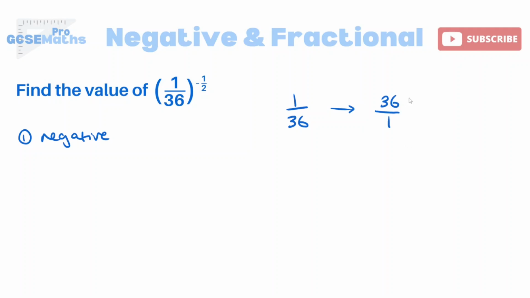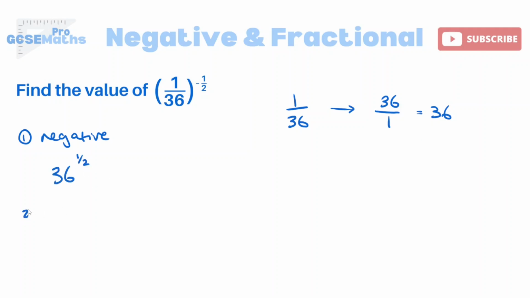However, this 1 doesn't really tell me any additional information, does it? Because if you were to simplify that, 36 divided by 1 is just 36. So it's no longer a fraction when we take the reciprocal. So I've got 36, now to the power of a half.